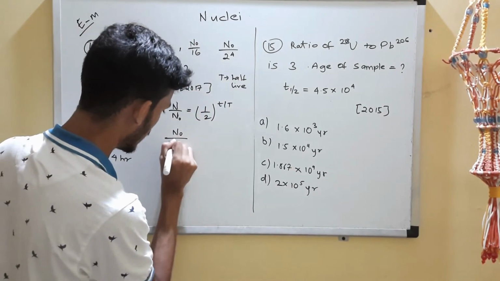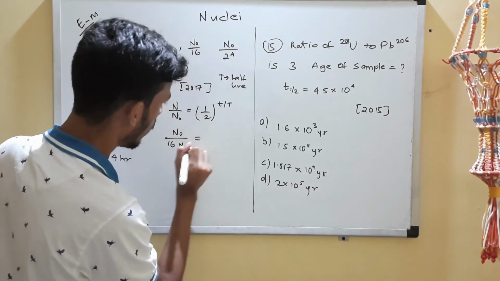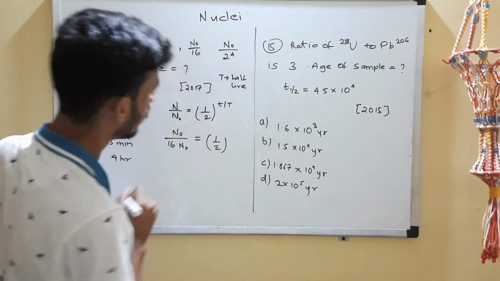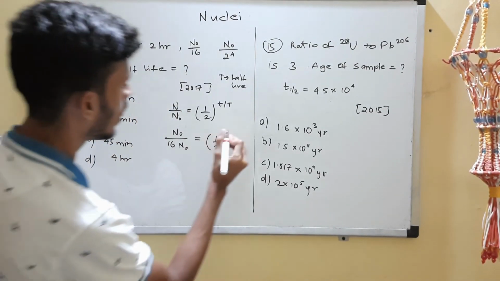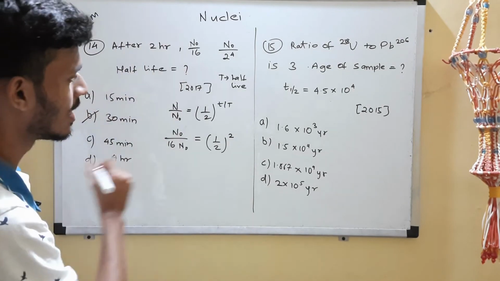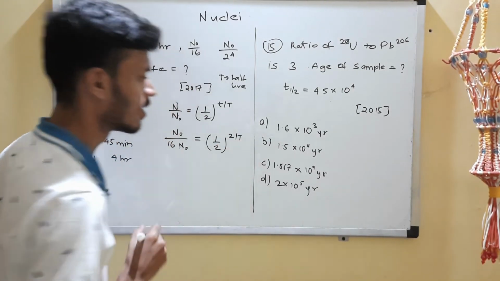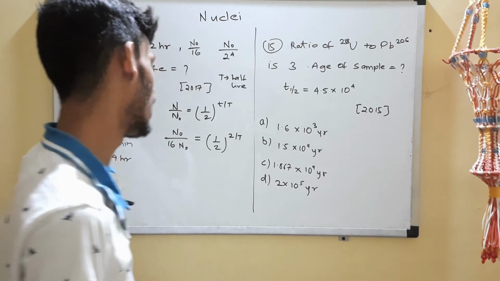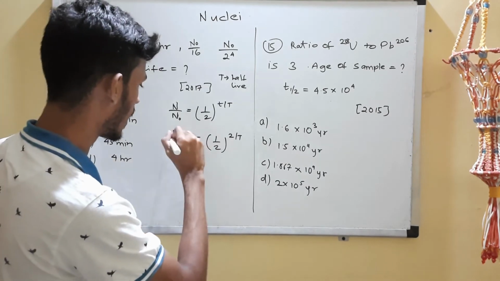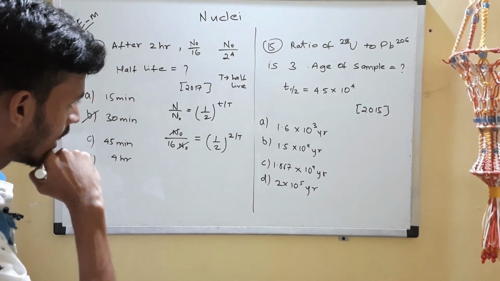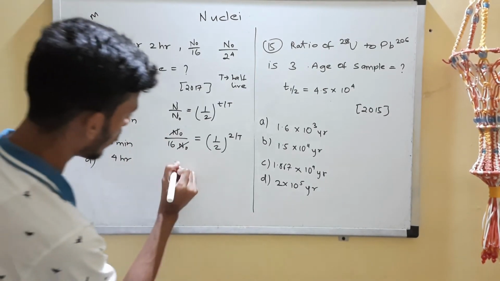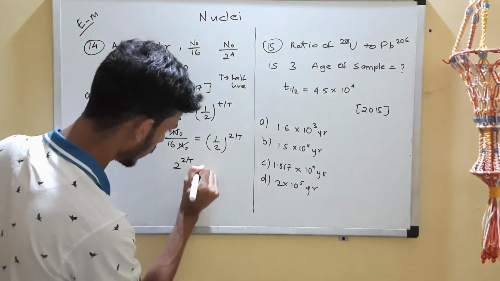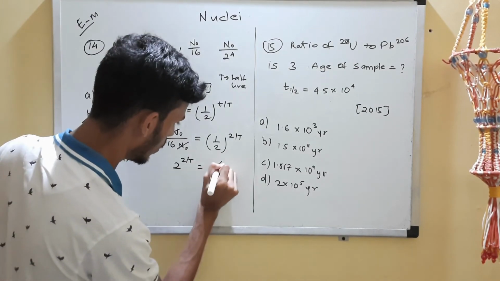So N0 by 16 divided by N0 equals half to the power t by T, where t is 2 hours for this reaction and T is the half-life that we have to find. Now N0 will cancel with N0, and we get 1 by 2 to the power 4.